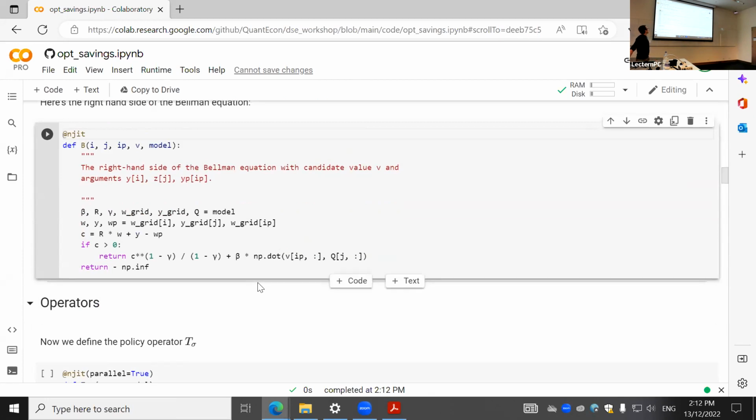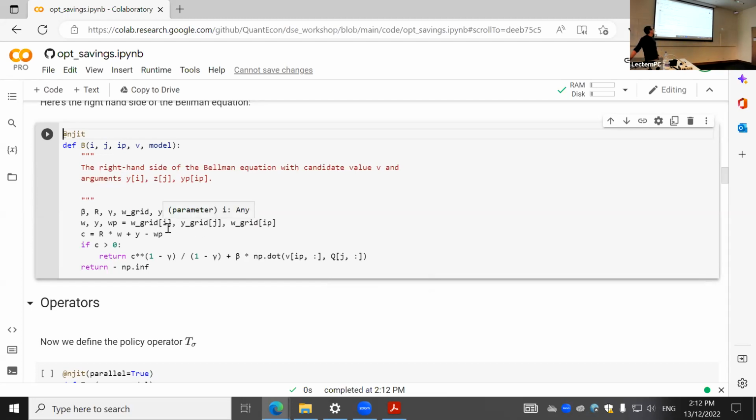This is where I'm getting down to business here. So this is the unmaximized right-hand side of the Bellman equation. So the problem, like I said, it's an optimal savings problem. Utility is going to be CRRA utility. So I've got a choice of current wealth.